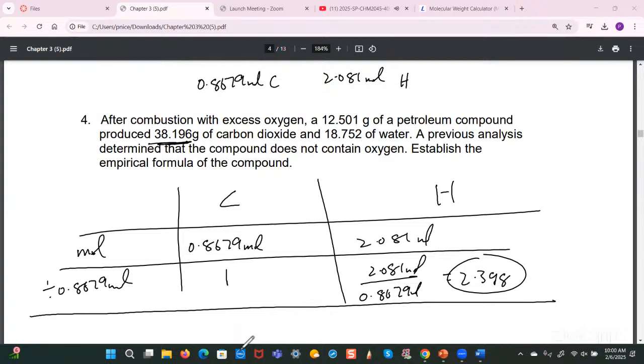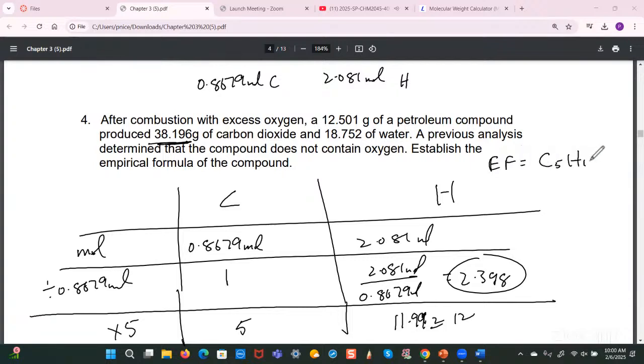Okay, yeah, you're right, because if you multiply right here by 5, this becomes 11.99, which is approximately 12. And this will be 5, of course. So therefore, the empirical formula would be C5H12.